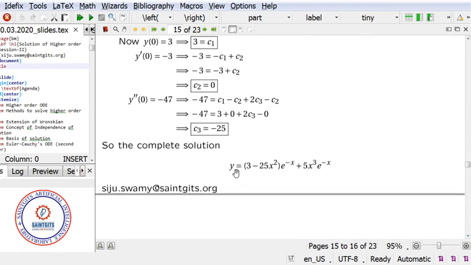I got y is equal to (3 minus 25x square) into e raised to minus x plus 5x cube e raised to minus x. But it is very important to note that the only change happened in the homogeneous solution. The particular solution has no arbitrary constants. Only arbitrary constants c1, c2, c3 are present in the homogeneous solution.